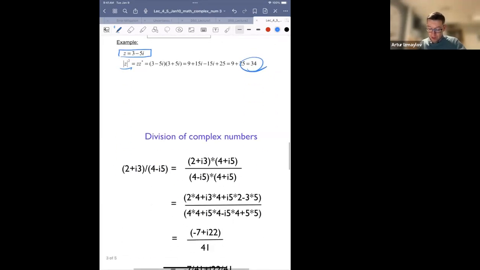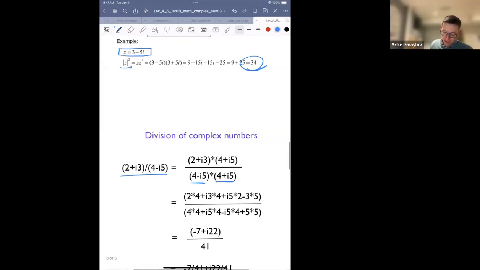Division of complex numbers is a little bit more challenging, but you can do it. Here's an example. The way we divide is, it's not a completion of the square, but we essentially turn the denominator into a real number by multiplying with a complex conjugate.